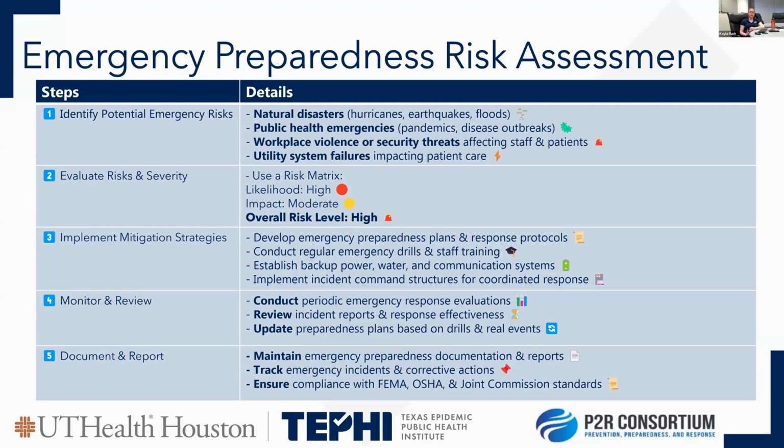You're then evaluating your risk and your severity, then putting in mitigation strategies. So making sure that you have your plan and your protocol, you're conducting training, drills, and tabletops, and talking about backup power, water, and communications, especially if you're offline. How are you going to communicate and document in the patient's chart?